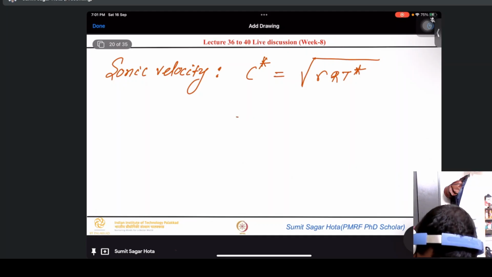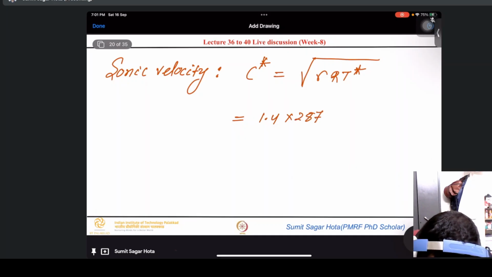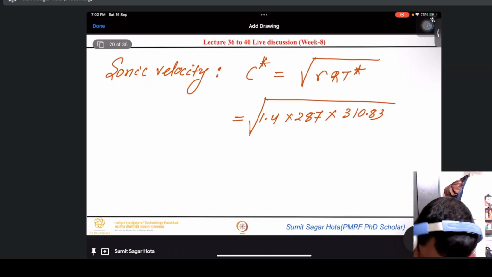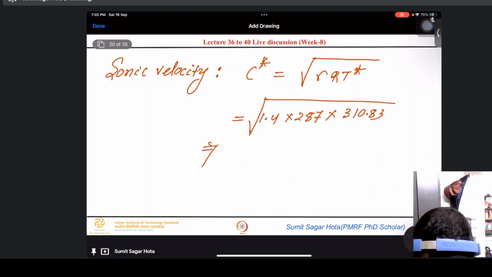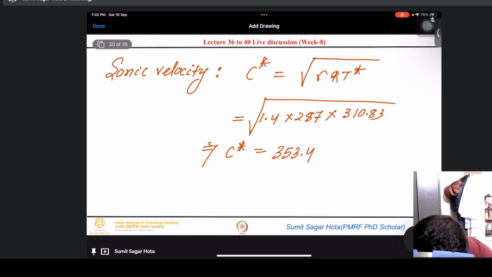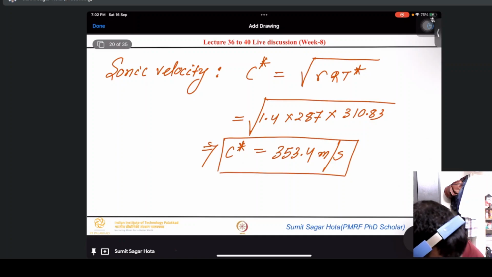So 1.4, R of air 287 joule per kg Kelvin, T star 310.83. What is the value of C star? C star is 353.4 meter per second.